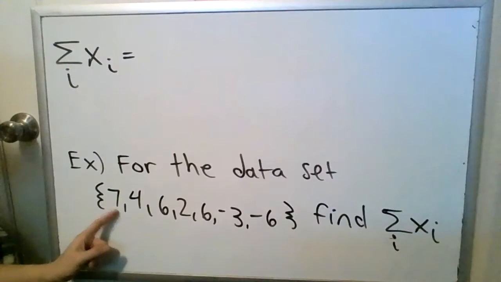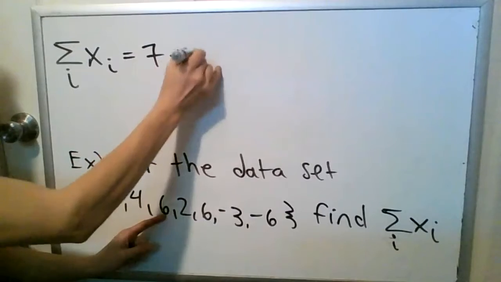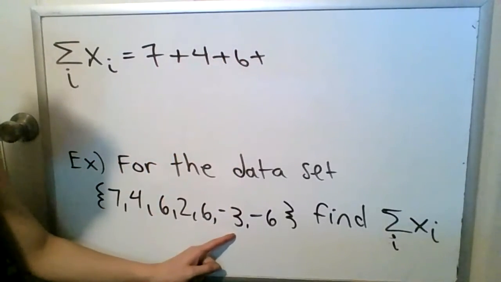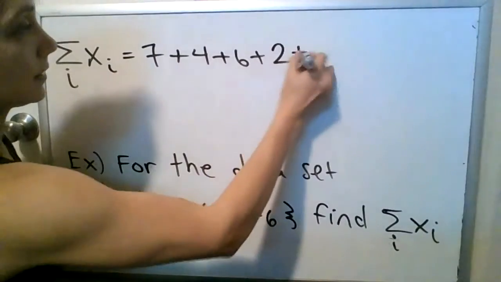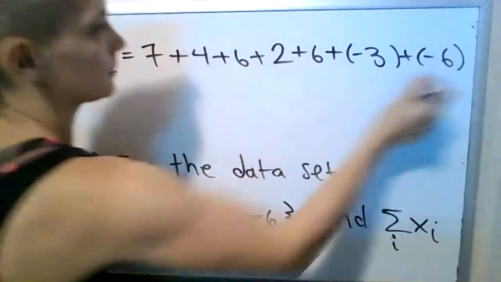So we're going to take 7 plus 4, add 6, add 2, add 6, add -3. And we're going to add a -6.